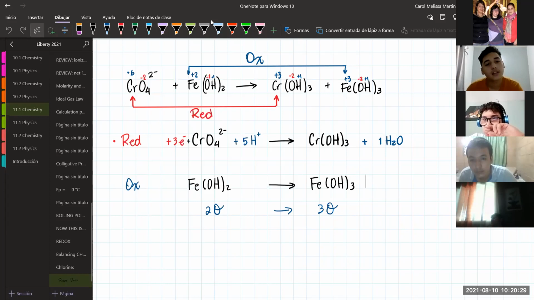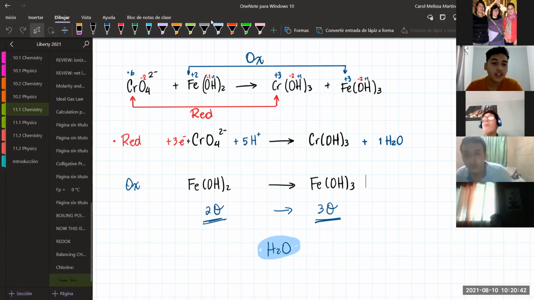Remember, how much oxygen do you find in a molecule of water? Just 1 oxygen. That's why if you need to balance oxygen, just 1 water is required. So you say plus H2O, and now you will have 2 plus 1 oxygen equals 3 oxygens.